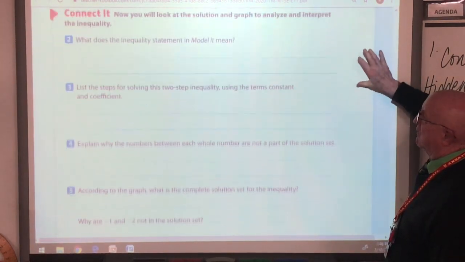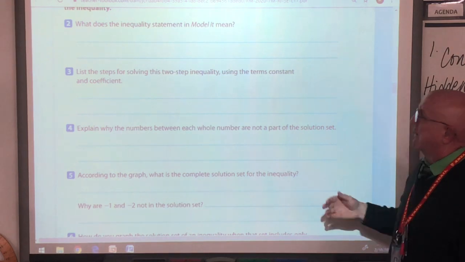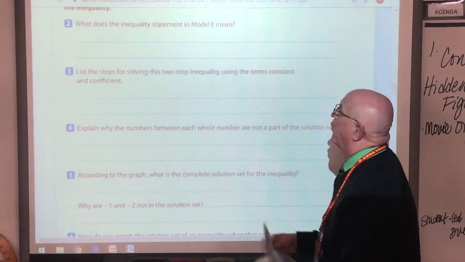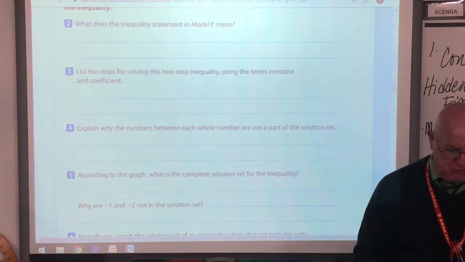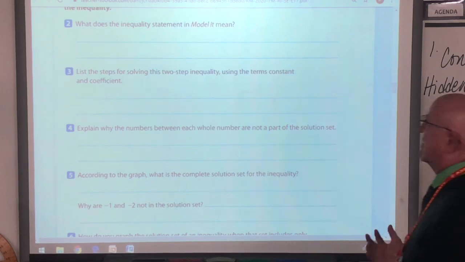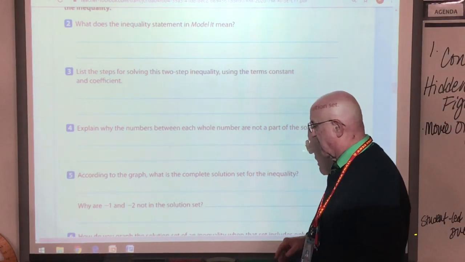So if we go back and look, we want to look at the inequality statement and model. What does that inequality statement mean? That inequality statement means that we are going to buy some shoes, and the cost of the sneakers plus the cost of the socks has to be less than $60.